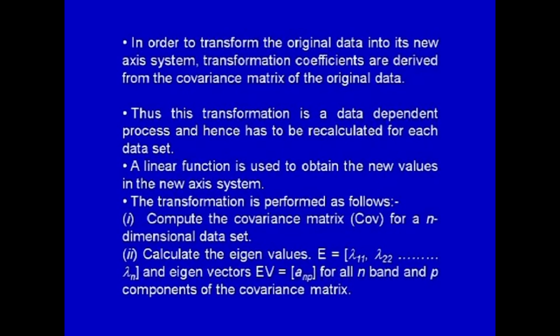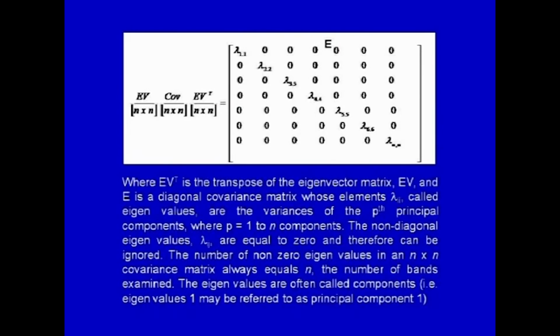The transformation is performed as follows. First of all, compute the covariance matrix for an n-dimensional data set. Now, compute the eigenvalues of the covariance matrix and the eigenvectors for all the n bands and p components of the covariance matrices. Here we can see the process of converting the covariance matrix into its eigenvectors and eigenvalues.